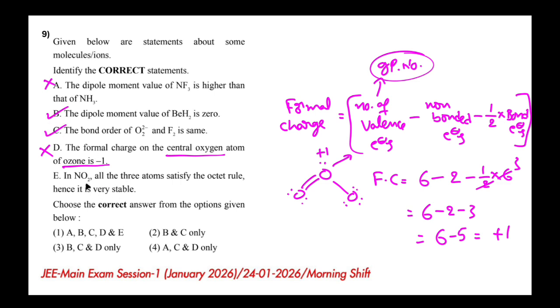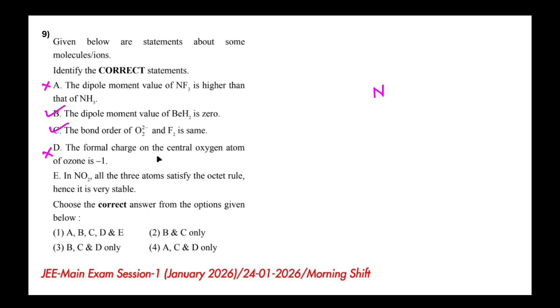Then go to the next. In the NO2 molecule, all 3 atoms satisfy the octet rule. In the NO2 molecule, nitrogen has 5 valence electrons. The 5 electrons will arrange like this: 1, 2, 3, 4, 5. It is bonded with 2 oxygens.